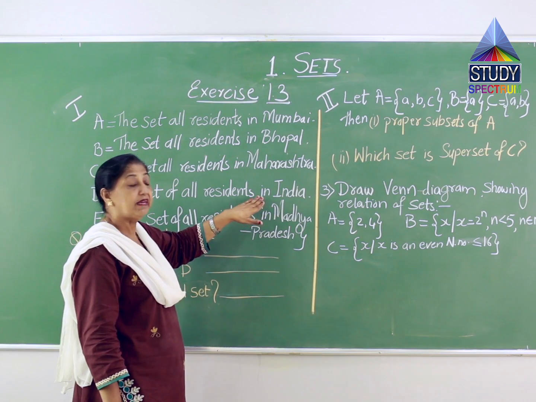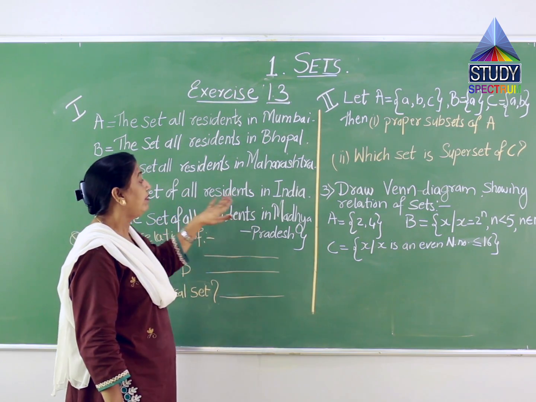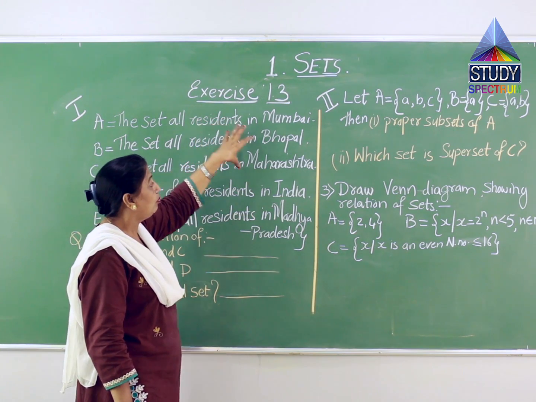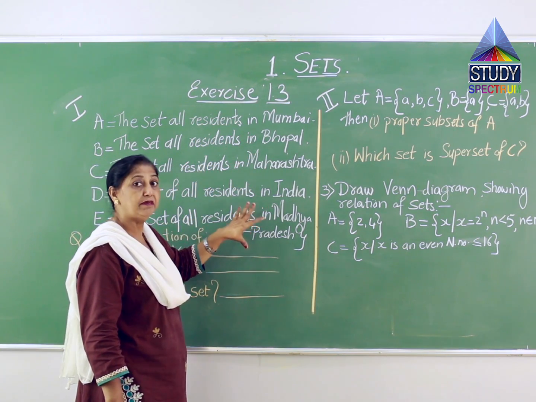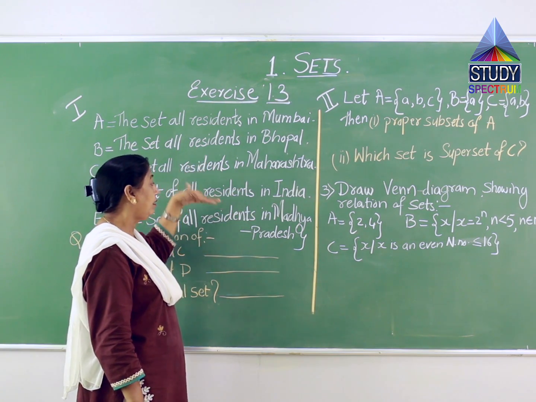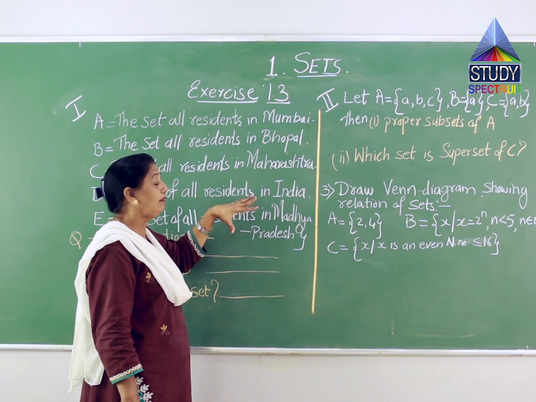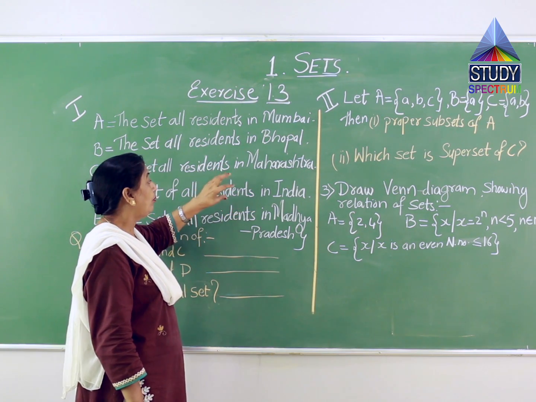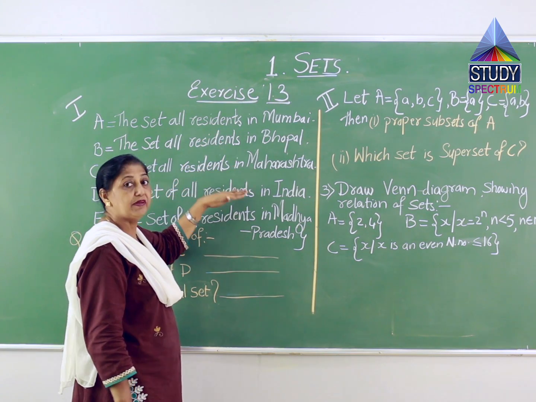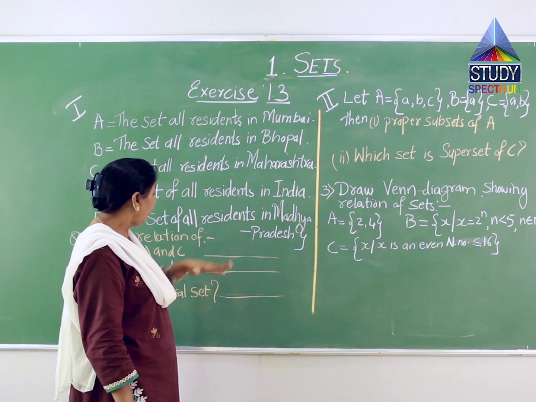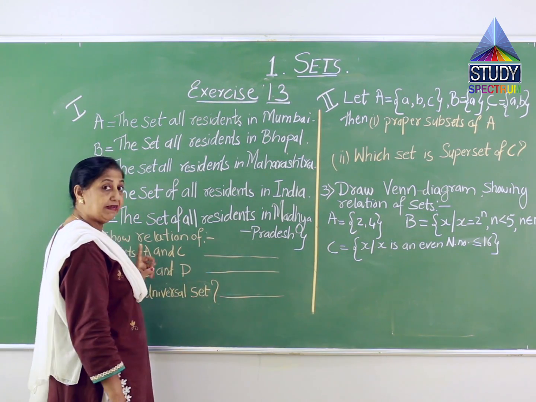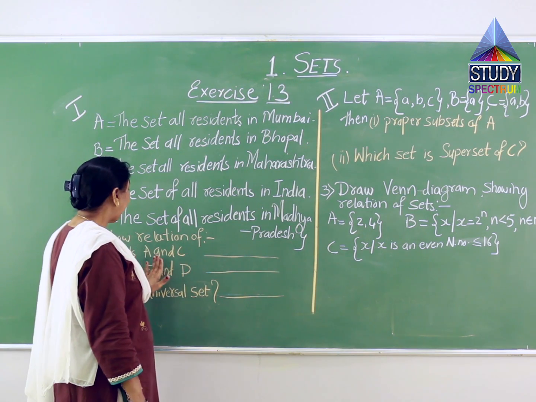The universal set will be the set of all residents in India, as the elements in Mumbai, Bhopal, Maharashtra, Madhya Pradesh all reside in India. So India is a superset, or you can call it the universal set, and all these sets are subsets of India. Now let's see what the question has asked. The first question is: show the relation of sets A and C.